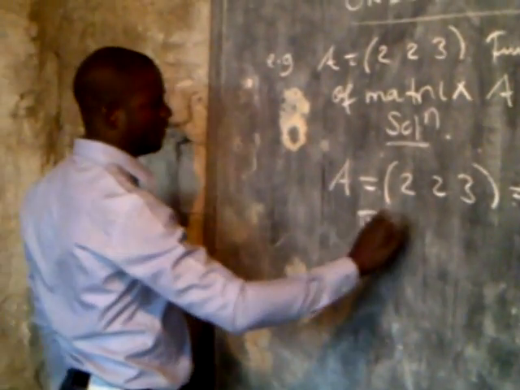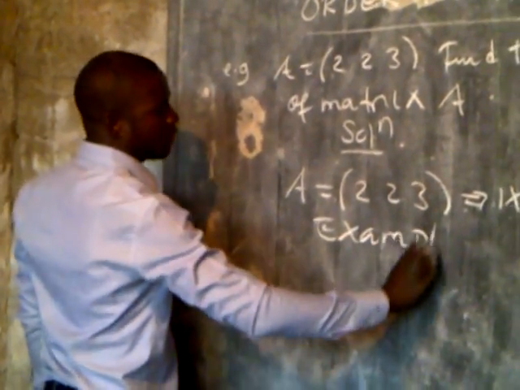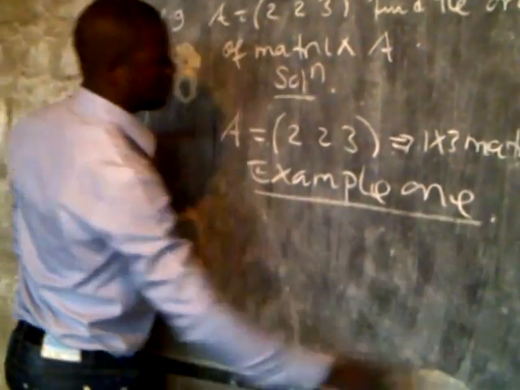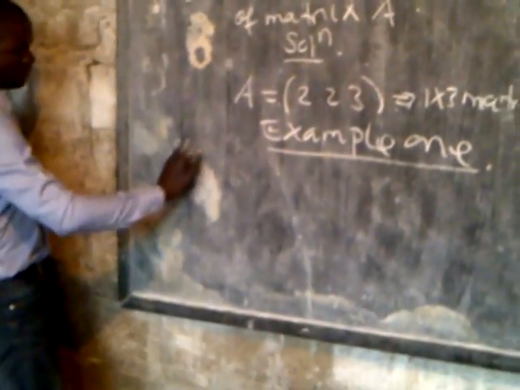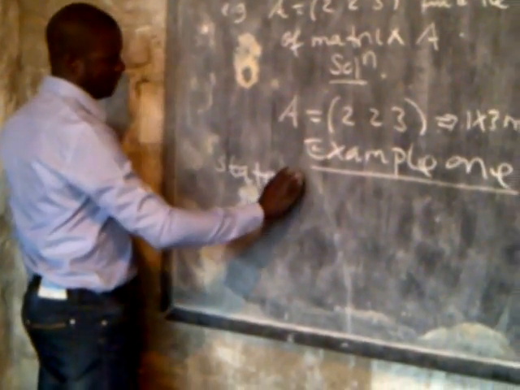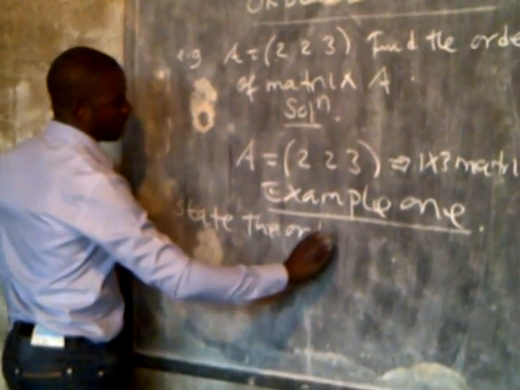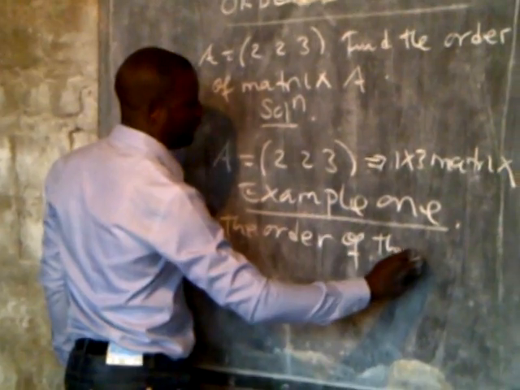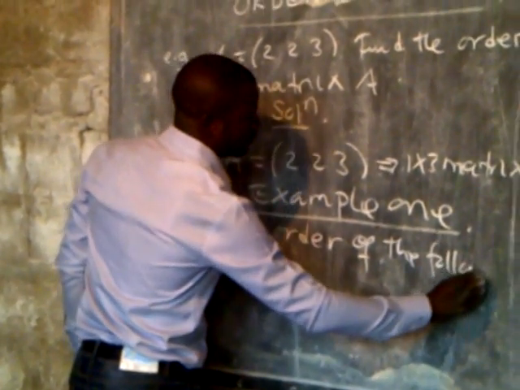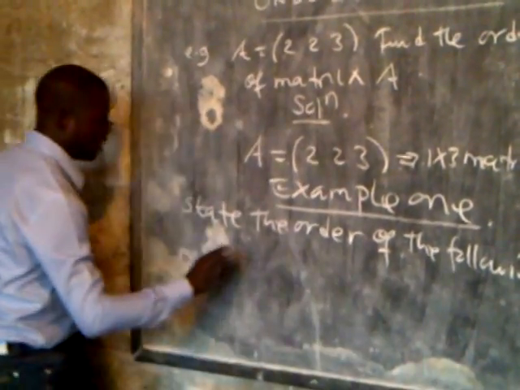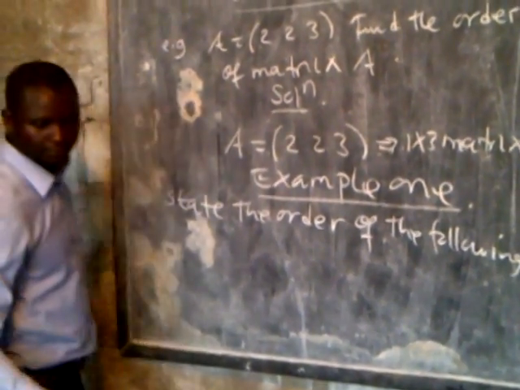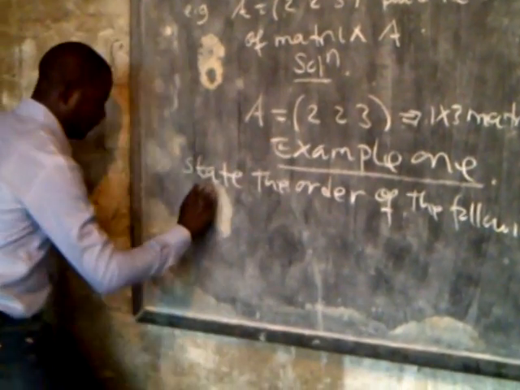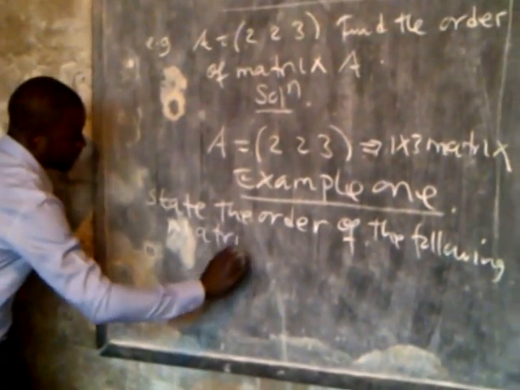So we've got example 1. State the order of the following matrices.